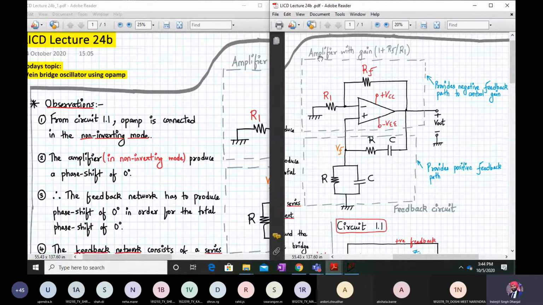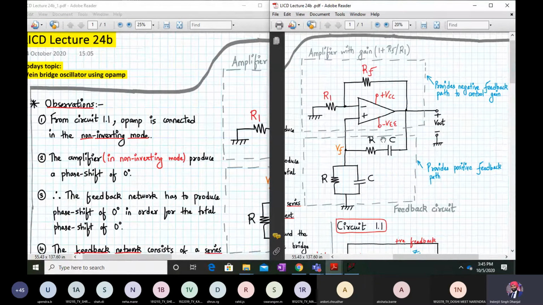Here the op-amp is connected in the non-inverting mode. Why non-inverting mode? Because the feedback signal acts as an input to the op-amp, which makes it work in the non-inverting mode. When the op-amp is in the non-inverting amplifier mode, it produces a 0-degree phase shift.